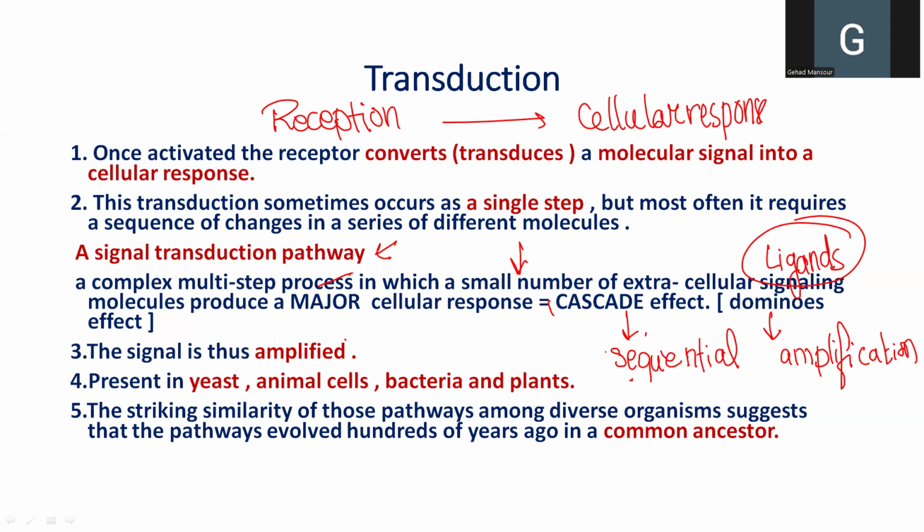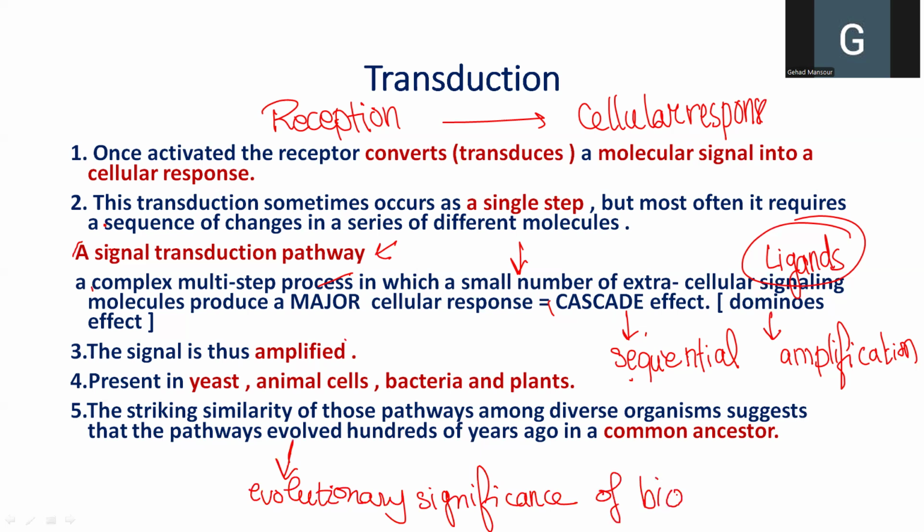And therefore, you might be asked as usual about the evolutionary significance of the biochemical pathway. This is a common question, and unluckily you're always confused about the answer. So this is an important and very common question, although the answer is very easy. The evolutionary significance of the biochemical pathways comes from the fact that there is great similarity between the biochemical pathways and that they are present in a diverse number of organisms.